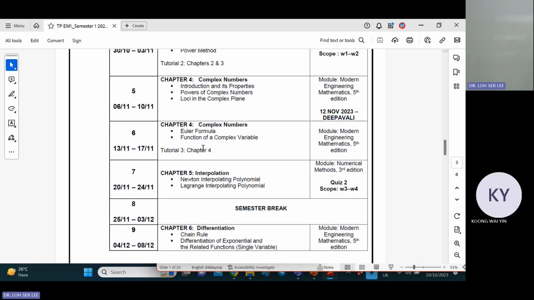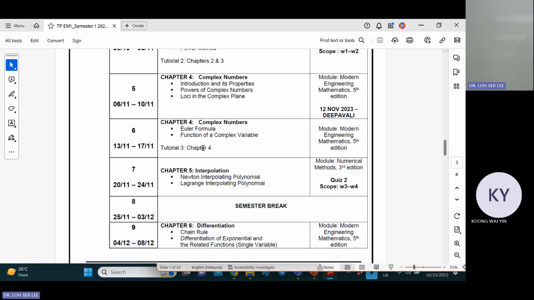Chapter 4 is on complex numbers, and we have 2 weeks for these. I have to tell you beforehand, this subject EM1 is not only taken by the students from FTKE. There are also students from FTKM, FTKK, FTKIP. But among all these engineering faculties, only FTKE students need complex numbers for their engineering subjects.